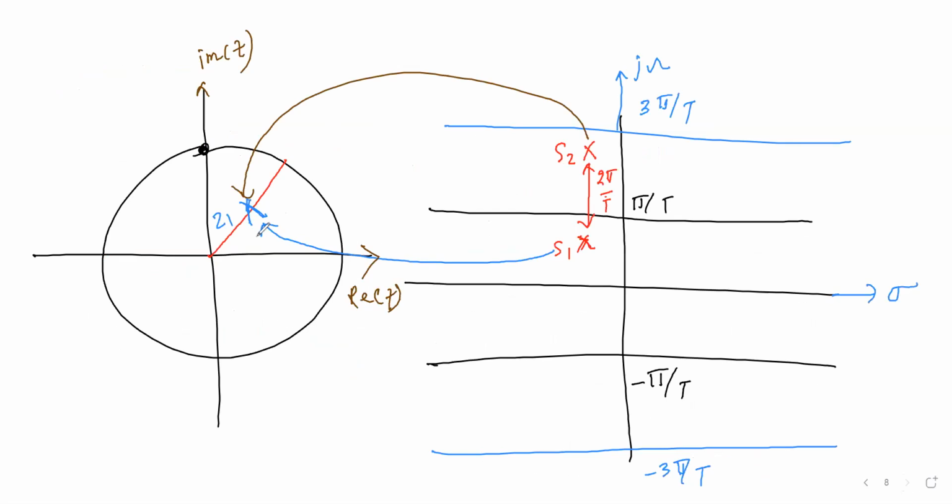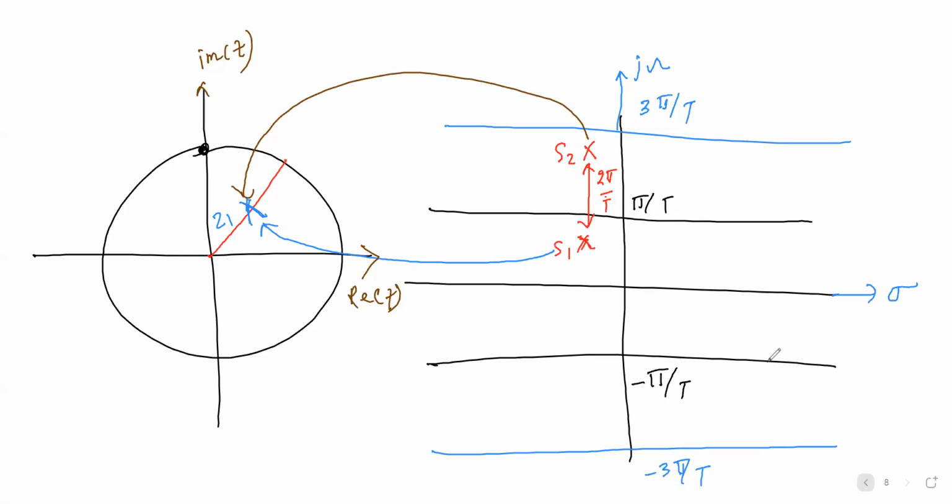Yes, sir. So what is the meaning? The meaning is that when multiple poles in the analog domain map to a single pole in the Z domain, aliasing happens. The aliasing effect comes into the picture whenever two poles differ by 2 pi by t in the analog domain, or by a multiple of 2 pi by t.